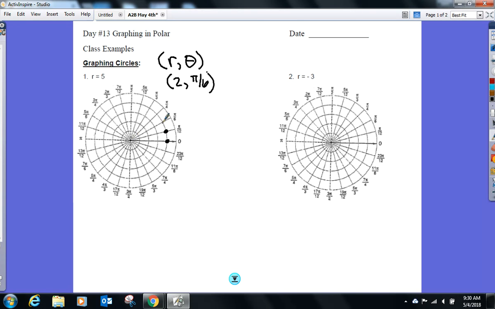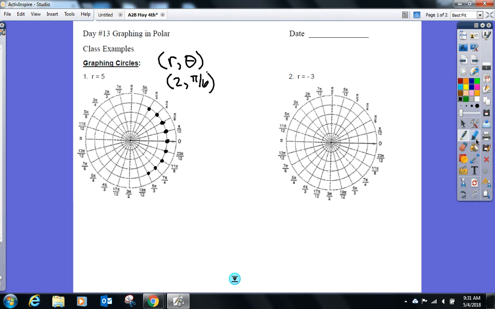If you keep graphing 5, you'll notice, what are you going to end up forming? You're going to end up forming a circle. Yeah, and I'll show you why that makes total sense in a second. So go ahead, connect your points, and draw in your first polar graph.